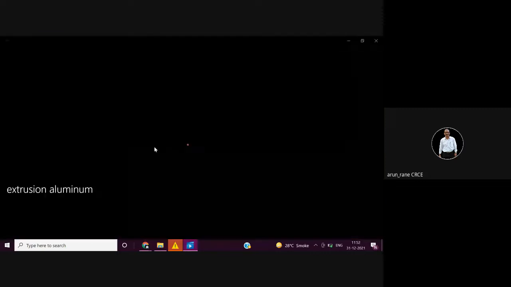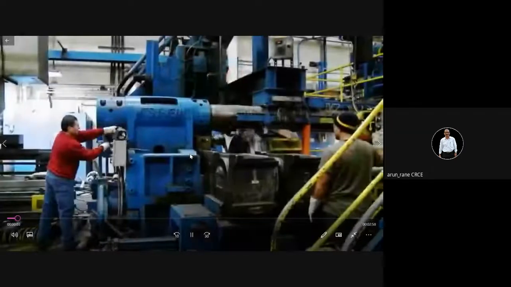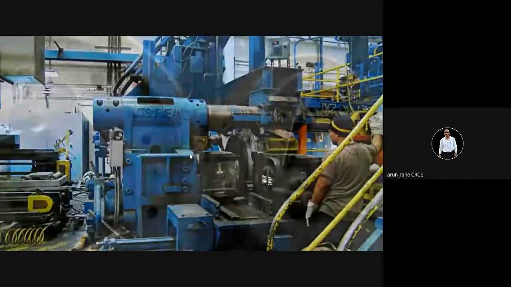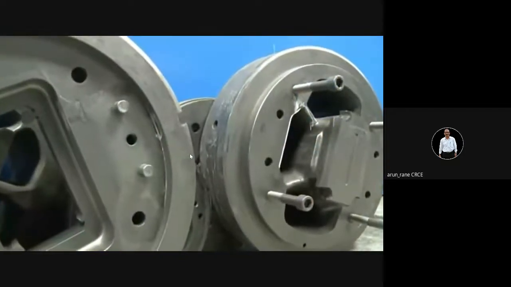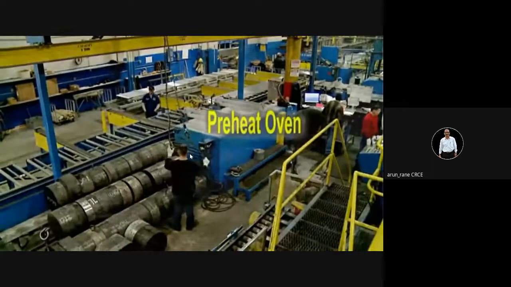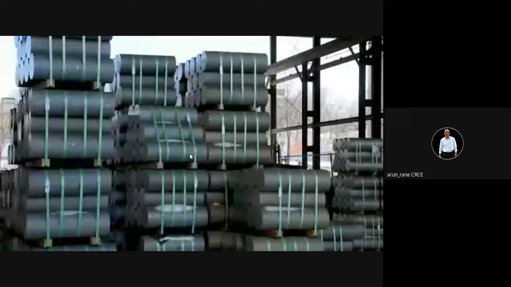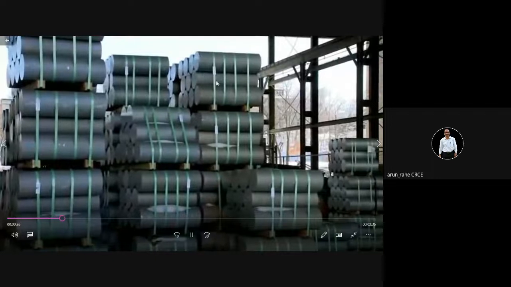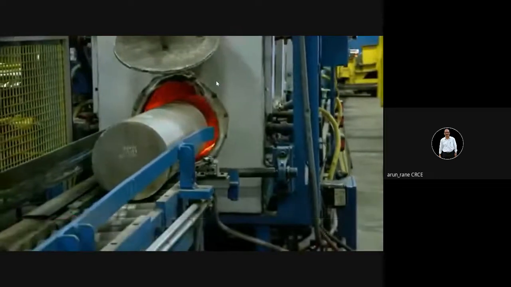Now let's study extrusion. So in case of extrusion, the material is pushed. This is all raw material. And in case of drawing, the material is pulled.